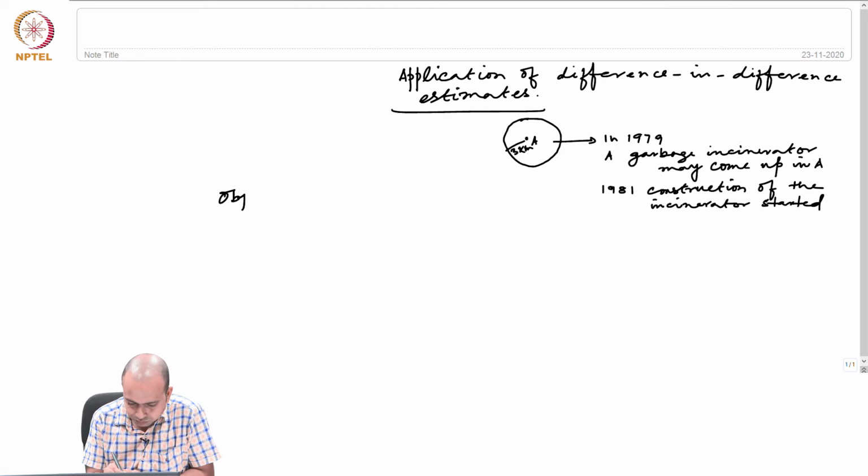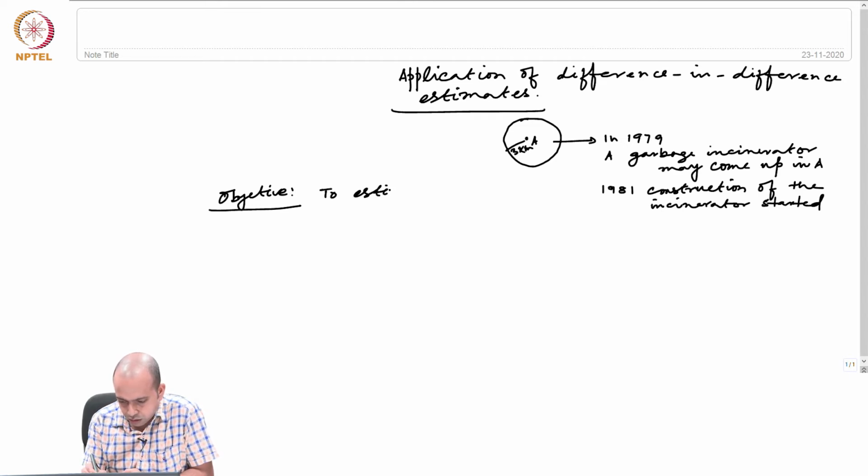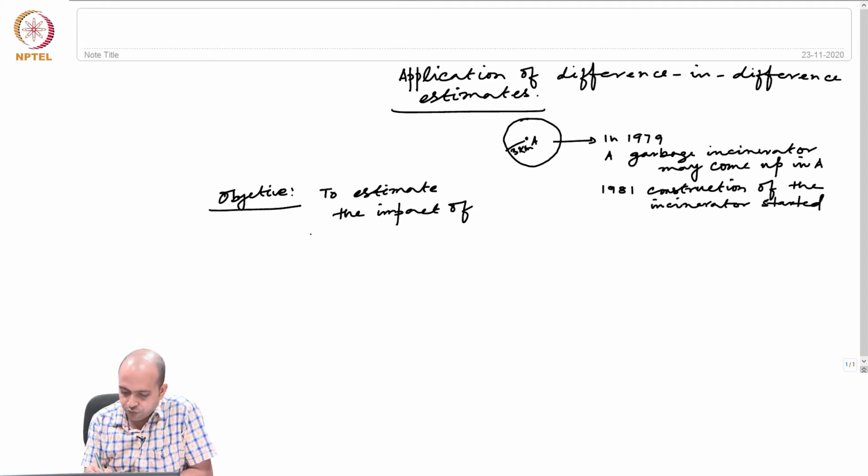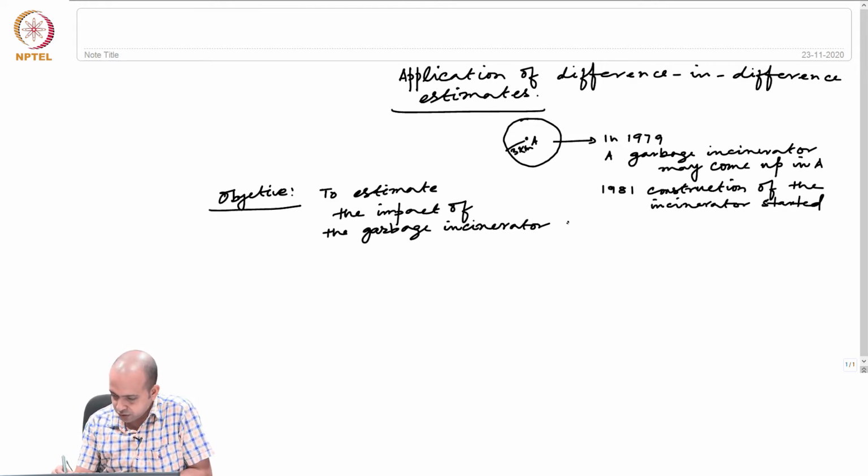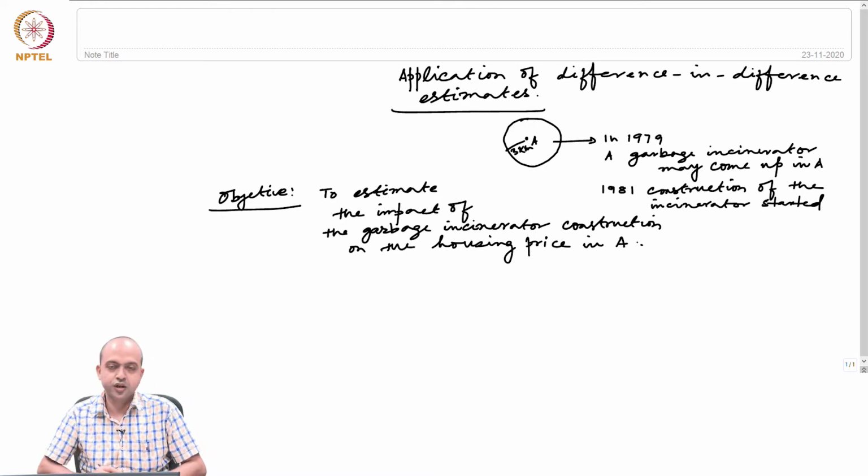Our objective here is to estimate the impact of the garbage incinerator construction on the housing price in A. This is our objective.